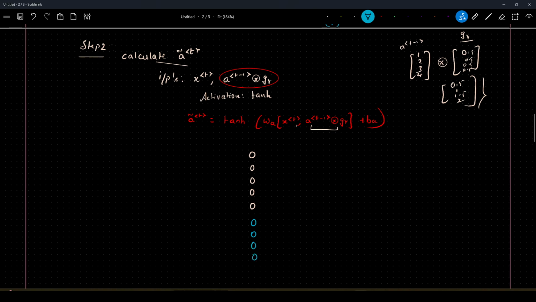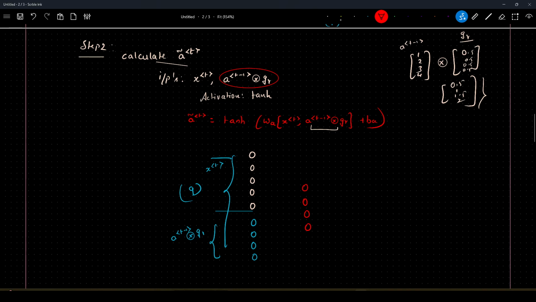So I'll just write 4 inputs for these. And these two are concatenated, so together we have a 9-dimensional vector. This part, up to here, is xt, and this part is at minus 1 pointwise multiplied with gr. Now this will be connected with the hidden layer. How many neurons do we have in the hidden layer? We have set it to 4, correct?